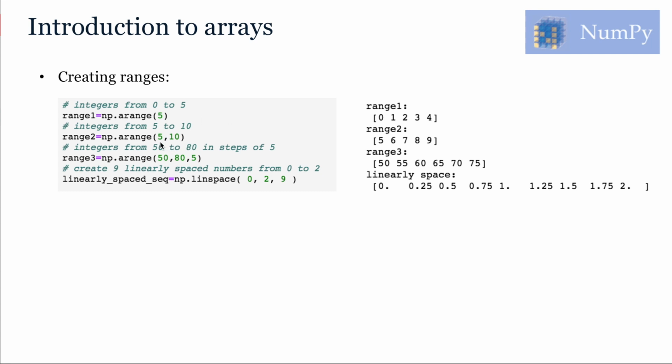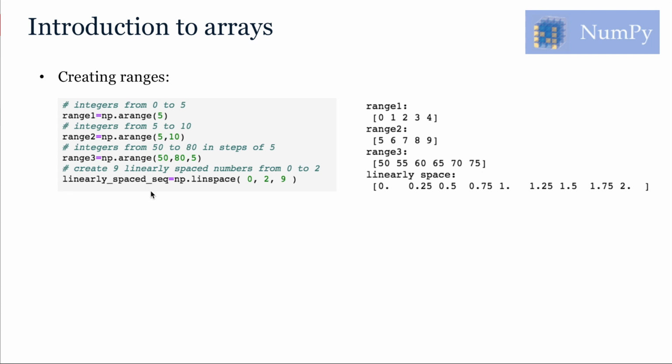If you give it 2 values, then it will iterate in a range from the first up to but not including the second number. So in this case, the range 5 to 10 includes the numbers 5, 6, 7, 8 and 9. It's also possible to increment by more than 1. For example, the range 50 to 80 in steps of 5 gives 50, 55, 60, 65, 70, 75. The increment does not have to be an integer.